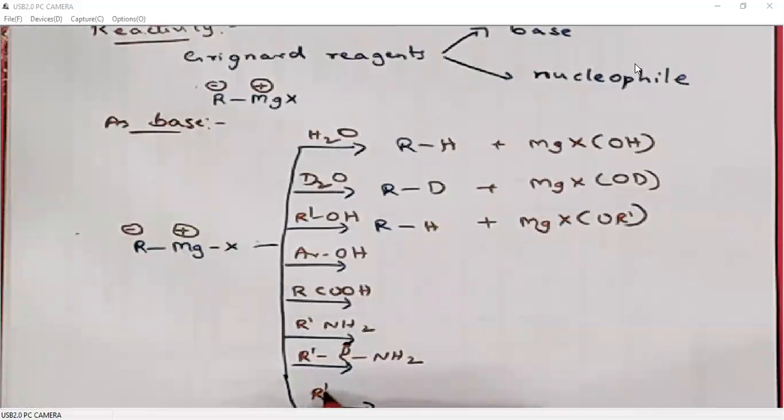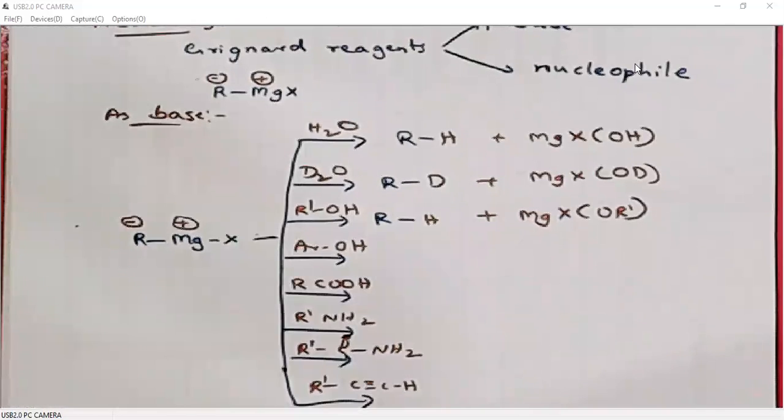And similarly, we have terminal alkyne proton. That is again an acidic proton. So whenever we have these acidic proton sources, Grignard reagent will act as a base and will pick up the proton. So you complete this table.